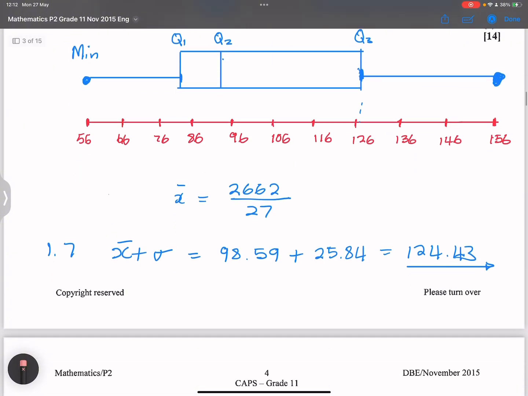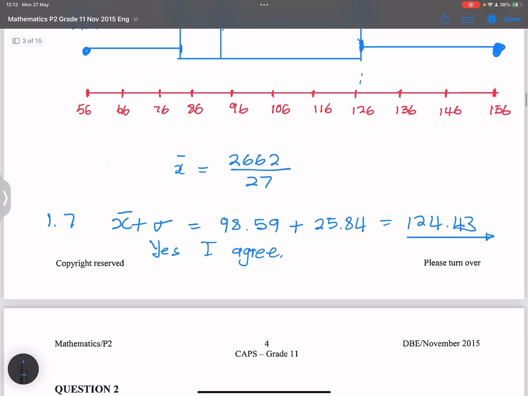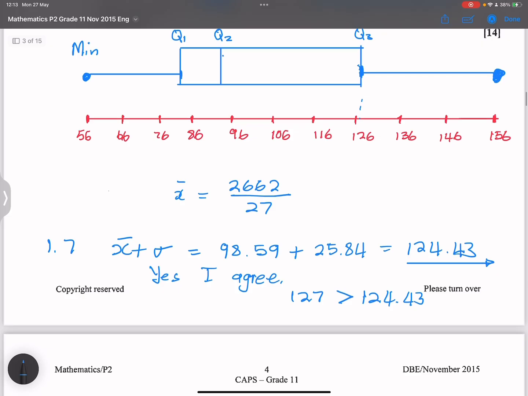So yes, we agree. In this case, they say motivate your answer with the calculations, and that's exactly the calculation that I have. You note that 127 is definitely greater than 124.43. And ladies and gents, that is really how the cookie crumbles.